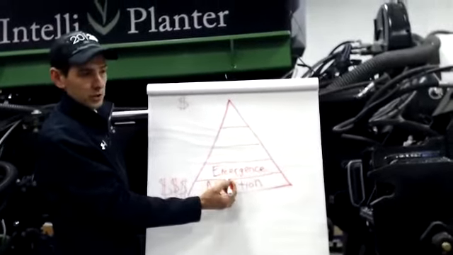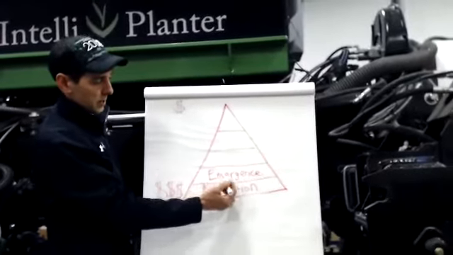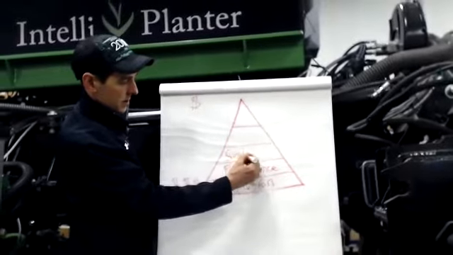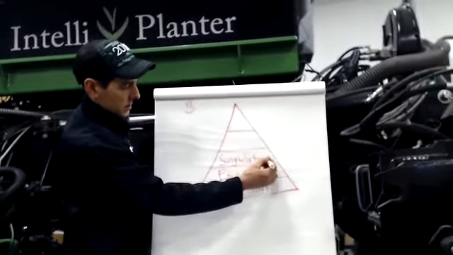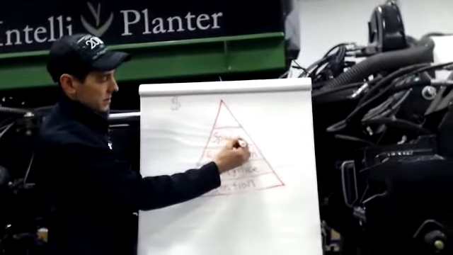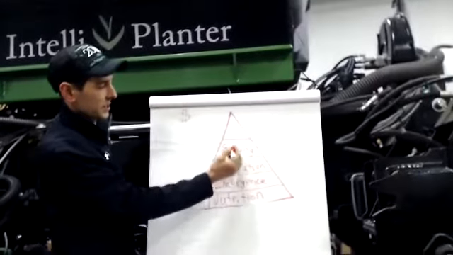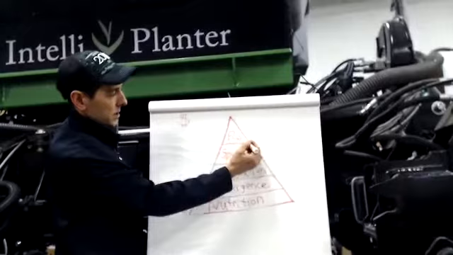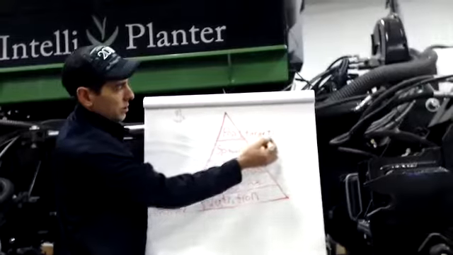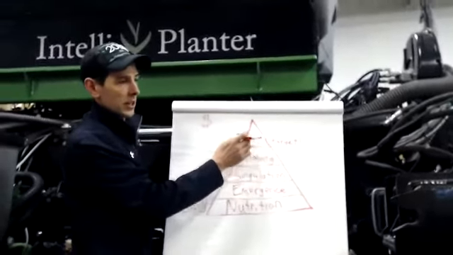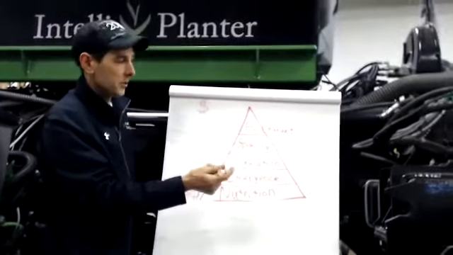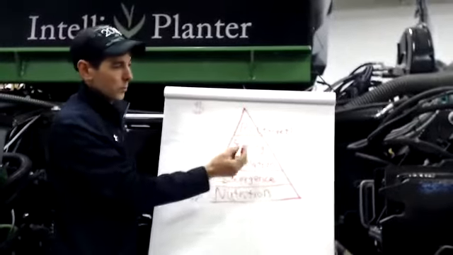Next is singulation, then spacing, and then population, and it's really population target. So if you're targeting 35,000, but the planter is really only planting 33,000, that would be on the top.